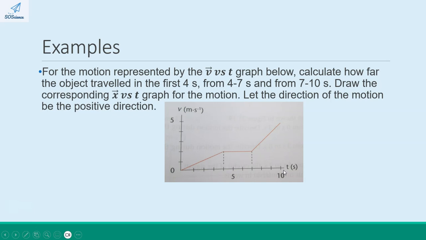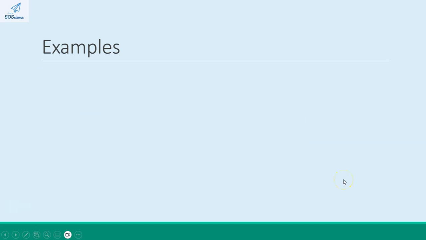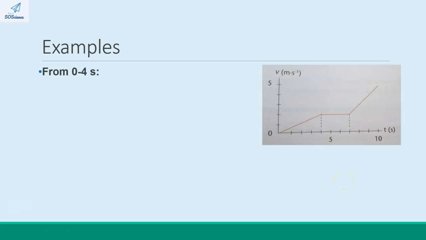And then draw the corresponding position time graph for the motion. Now, because we need the position time graph, and we need to calculate how far the object has traveled in order to provide the position time graph, we know that we need to calculate the area under the graph. So let's start with that.